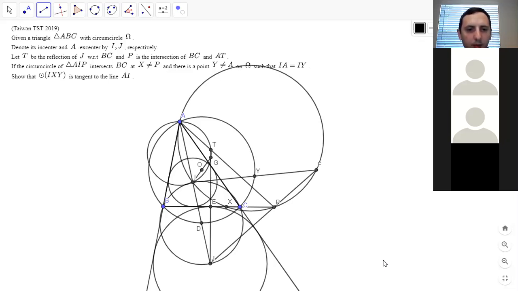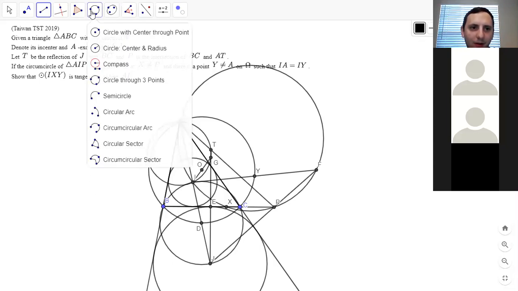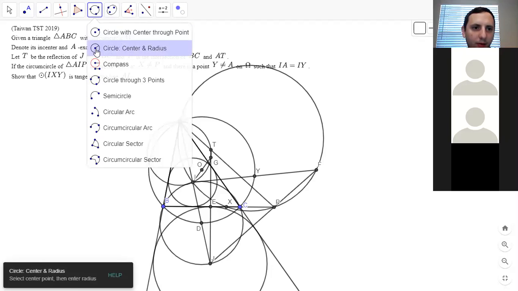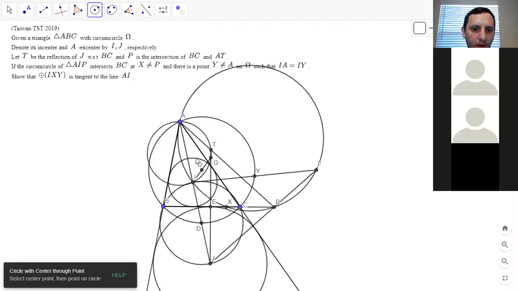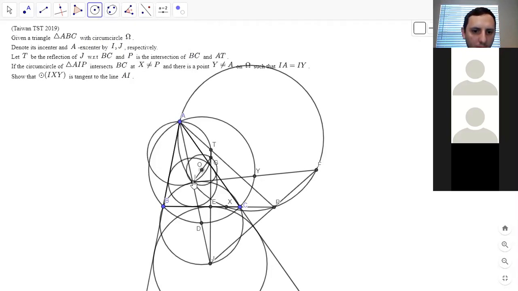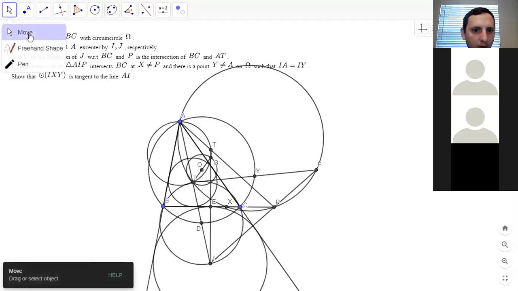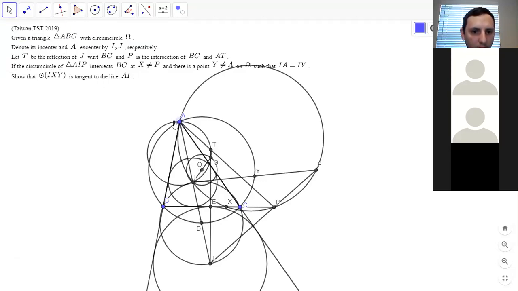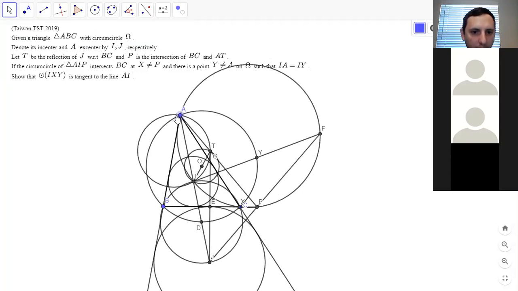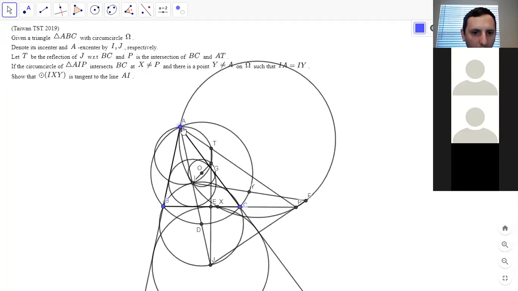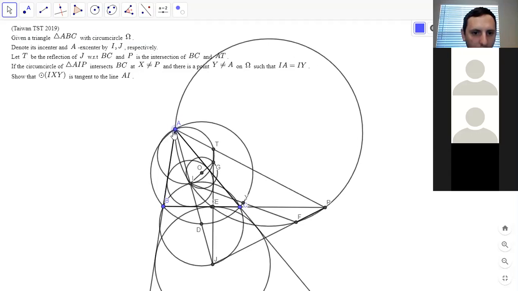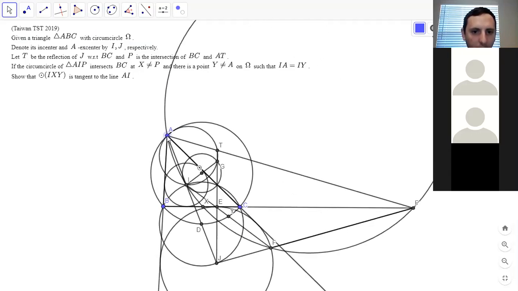Yeah, there's a lot of pieces of information here. I wonder if OI equals OG. I don't know if that would help much, but kind of looks like it. Oh yeah. So basically G is the reflection of I over O. Does that make sense?